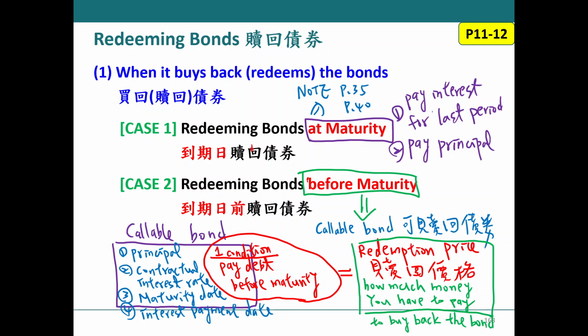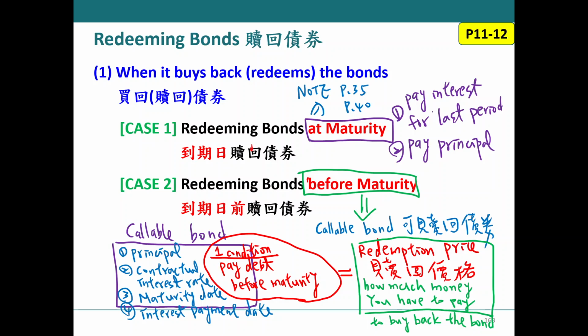Okay? So callable bond not only has basic promises, it also tells you what the redemption price is. How much money you have to pay in order to buy back the bond, pay the debt earlier, okay? Because they sacrifice interest, they ask you to pay more money, okay? Makes sense, right?